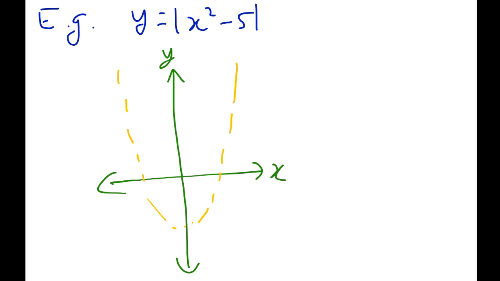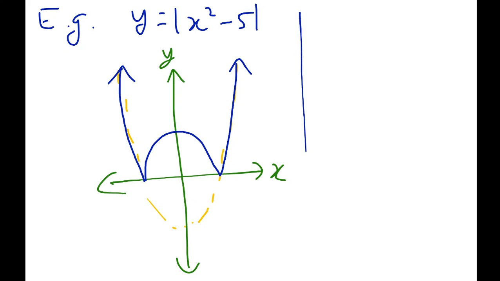However, remember that we have any negative values changing into positive. So these are all positive, that bit's fine, and these are all positive. However, have a look. The bottom bit is negative, so we'll have to flip it over, so we get that.